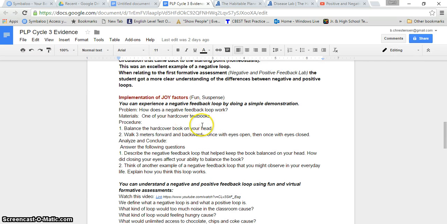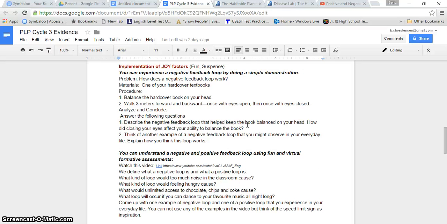Then the challenge was to implement joy factors, and I tried to find three joy factors that could be used here. The first one would be hands-on: simply balance a hardcover book on your head, walk with it, and describe how you balance it.